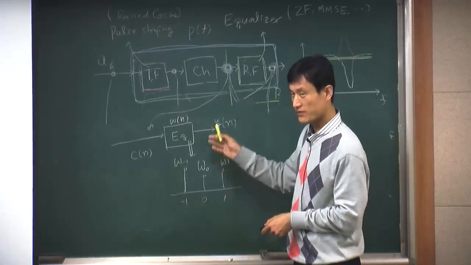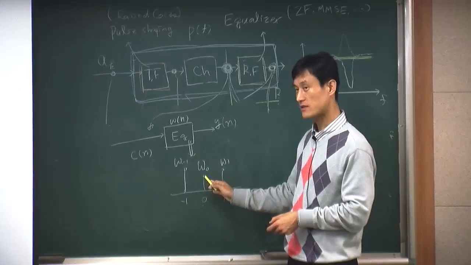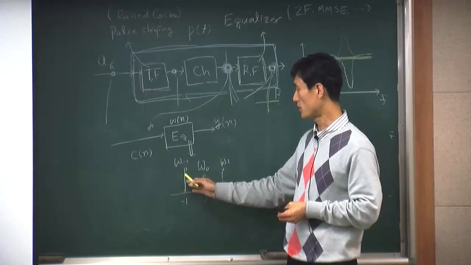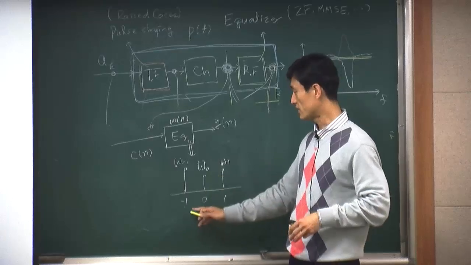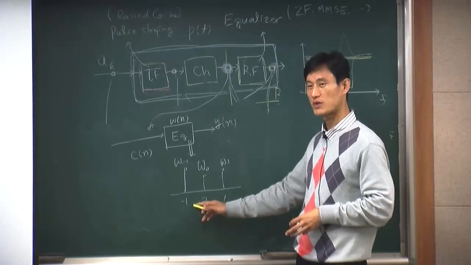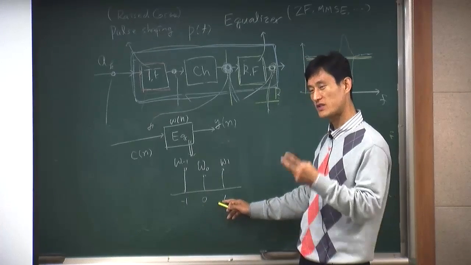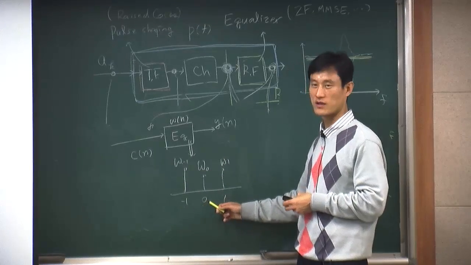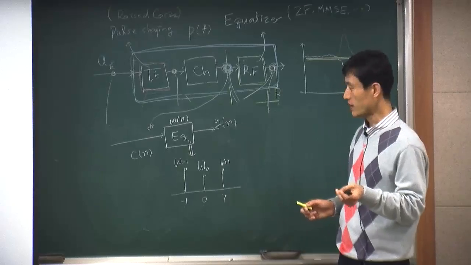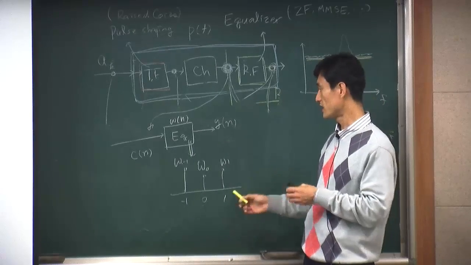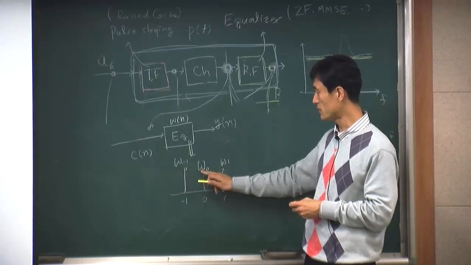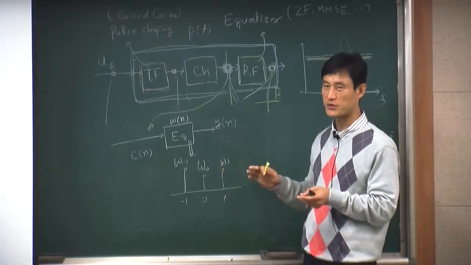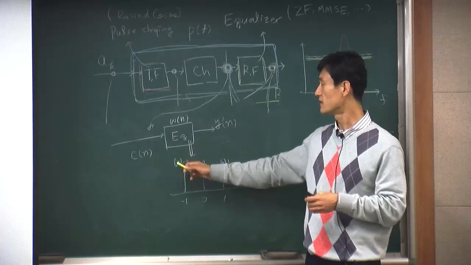So let's say we have these things. As an example, I decide that the number of taps is only 3, and the delays are simply minus 1, 0, 1. I have decided 2 things: 3 taps, and the delays minus 1, 0, 1 as an example. But I don't know the W values yet, so I need to decide what the W values are going to be.